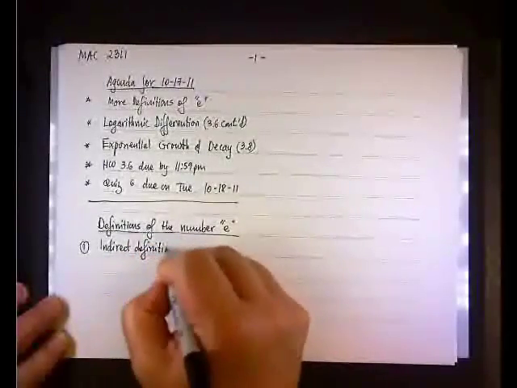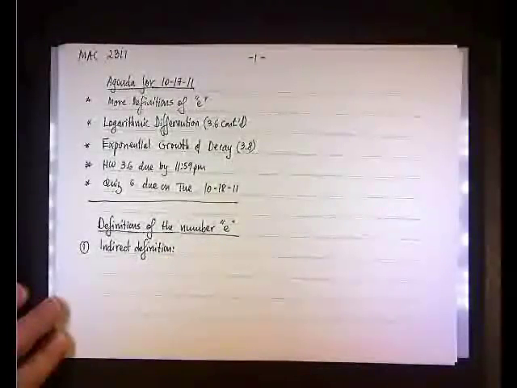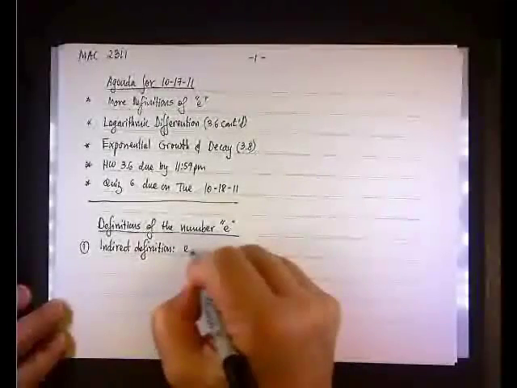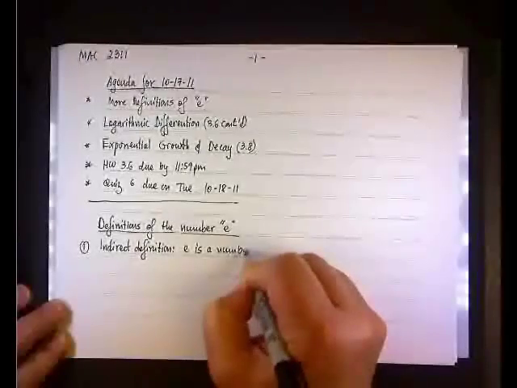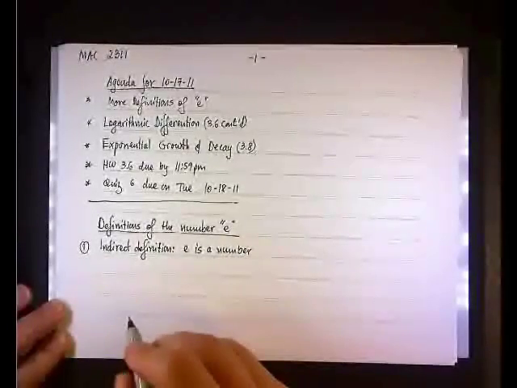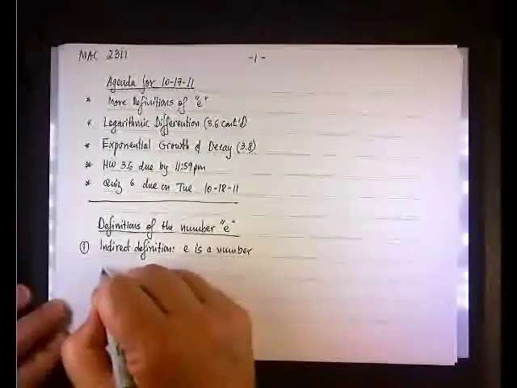In other words, we are not going to say e is the number equals something else, but we're going to say that e is a number that makes the following a true statement.